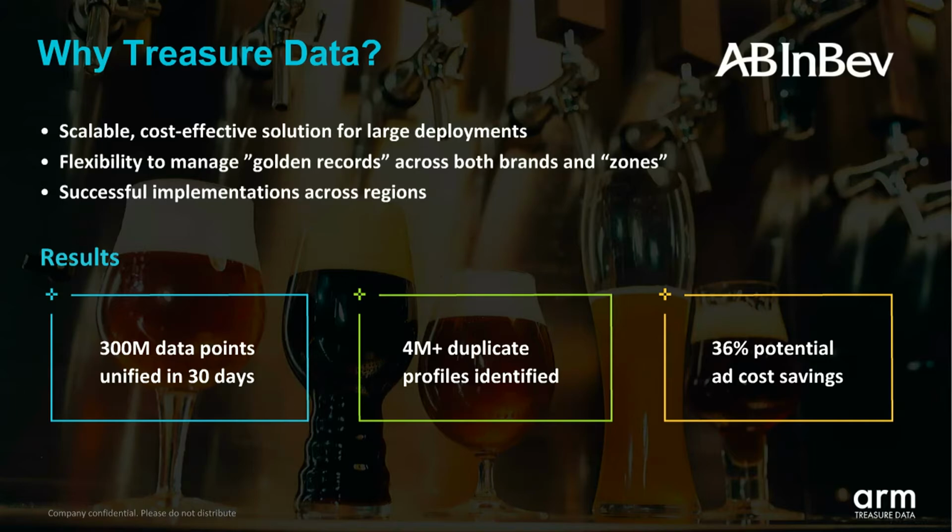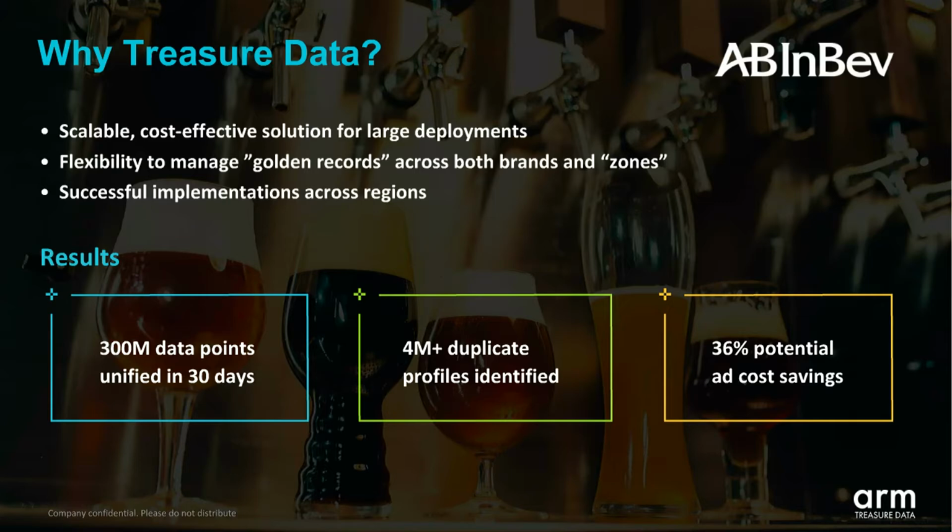We started with them down in Latin America, and they really are a testament to enterprise capability, being able to take the product, their processes, the solution that they've built on Treasure Data and roll that out to new places. We're currently in the works with them, rolling this out in North America and in Europe as well.